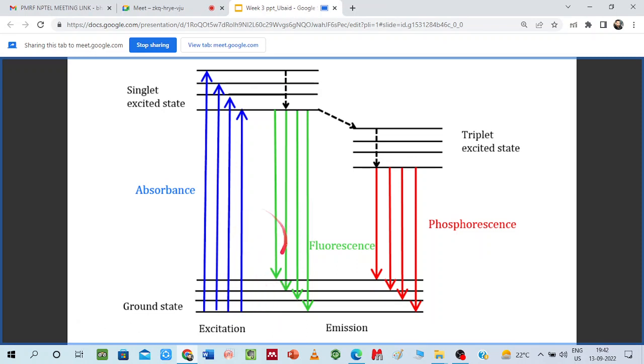So those materials which have the ability to emit these electromagnetic waves after the absorption of some energy, they give the fluorescence. For example, if there is a dye, for example dye A, whatever it is, FITC or whatever.